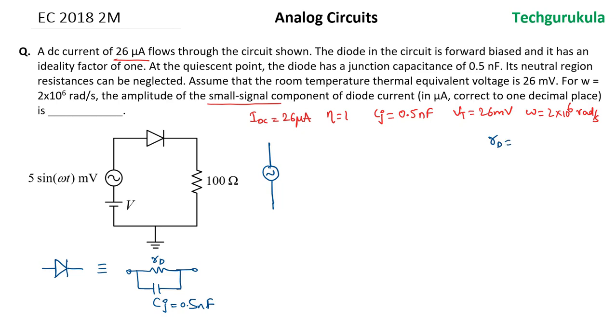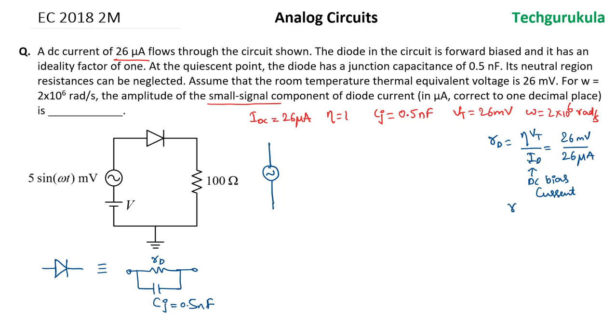So we know RD is equal to eta Vt over ID, where ID is the DC bias current. In fact, when they have given that 26 microampere is flowing through the circuit, which is DC current, that is the DC bias current flowing through the diode. Hence we can take eta is 1 times 26 millivolts Vt divided by 26 microamperes.